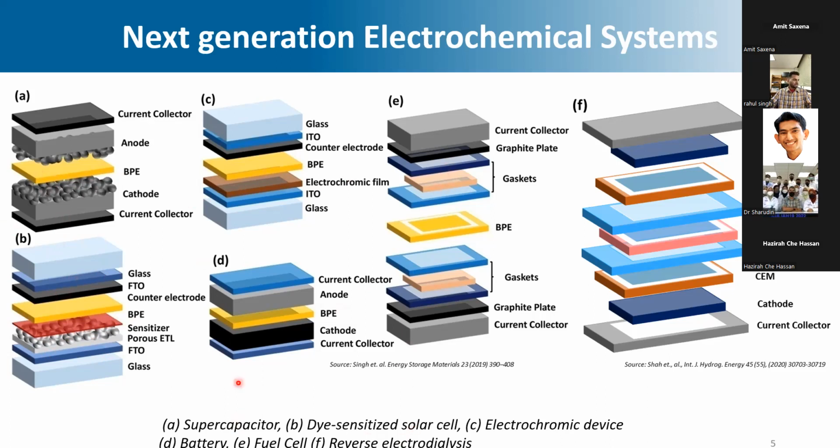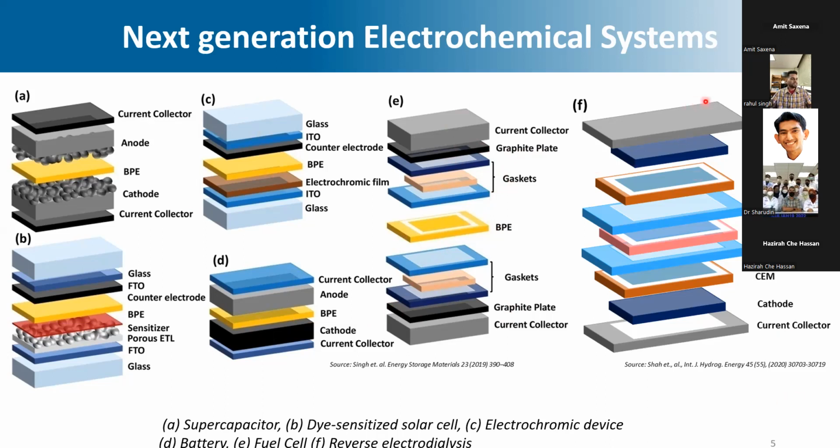Similarly with the electrochromic display and electrochromic device and these batteries. And this is a fuel cell. Here also the graphitic plate is sandwiched between the ion conducting membranes. When hydrogen and oxygen are supplied as fuel, they are converted into energy and water.